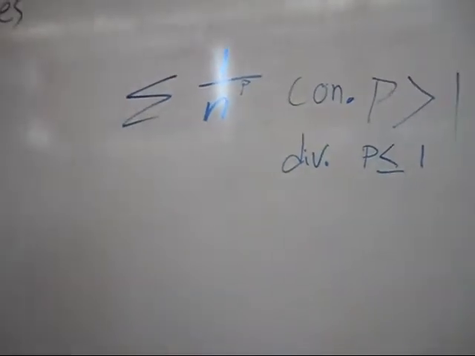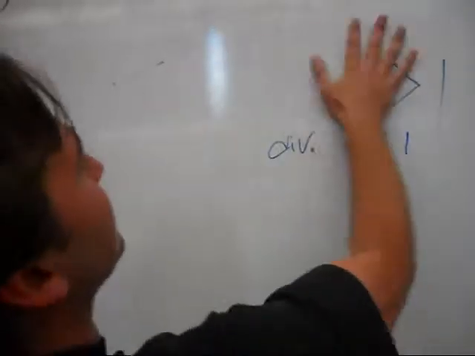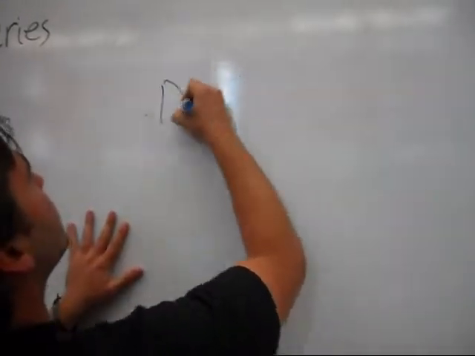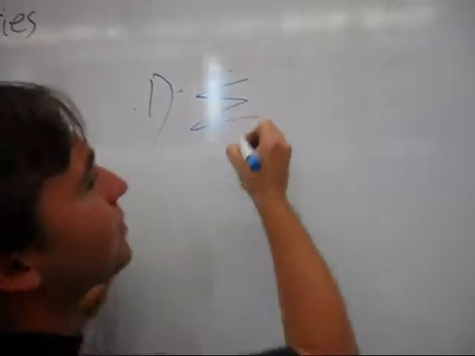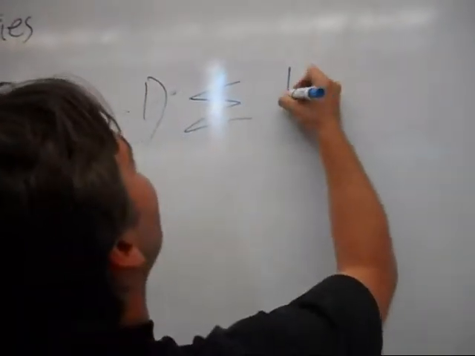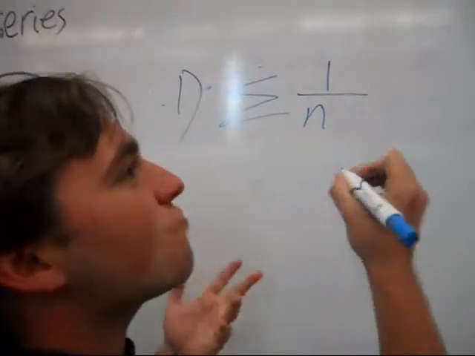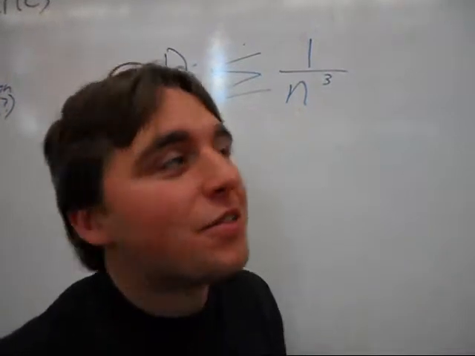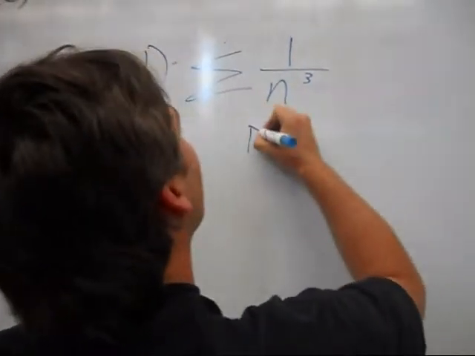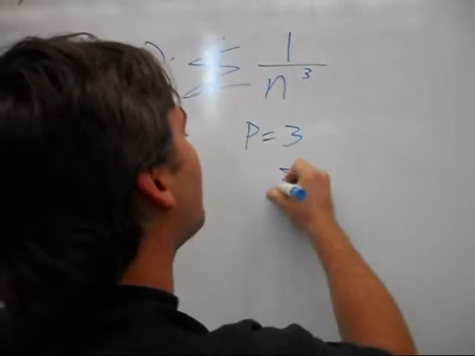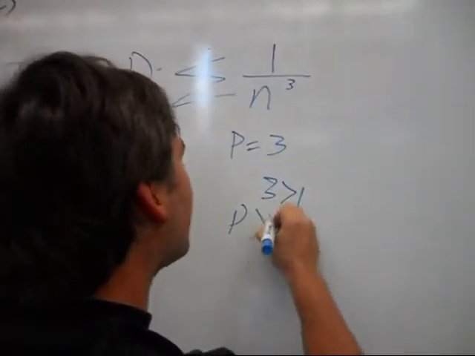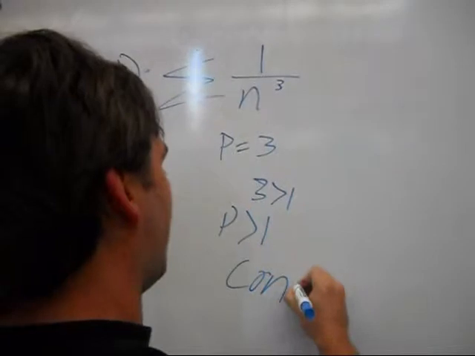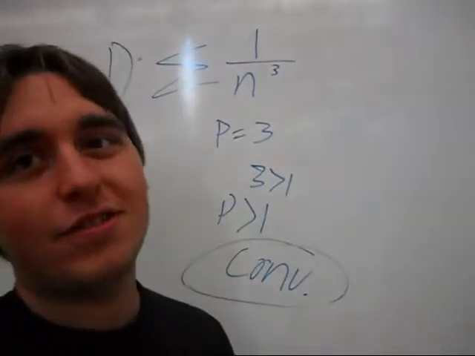Great! Alright, so, where'd that eraser go? Here it is. So, now let's have an example. Example 1. Oddly enough, we have 1 over n to the third. Now, does that converge, kids? Because I think it does. Because this is p equals 3, and 3 is greater than 1, p is greater than 1, and it converges.